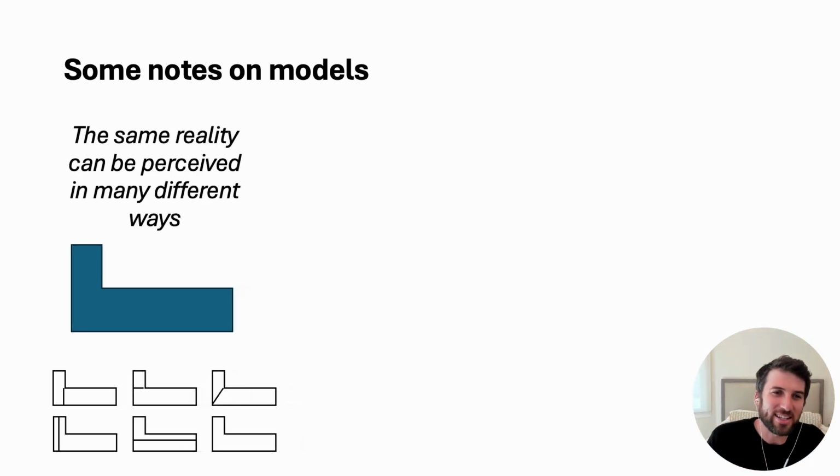The same reality can be perceived in many different ways, right? And so Gregory Bateson also had this great quote, which is that the division of the perceived reality into the parts and wholes may be convenient and may be necessary, but it shall not be determined how it is done. So there's no rules determining how we slice and dice reality.